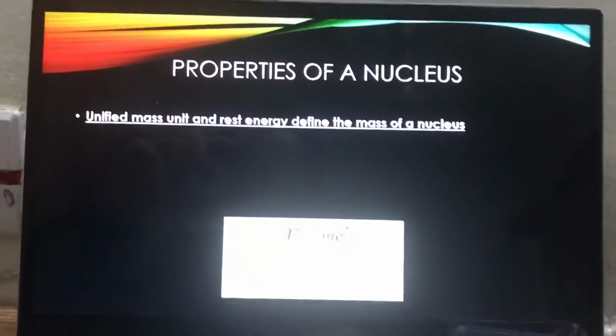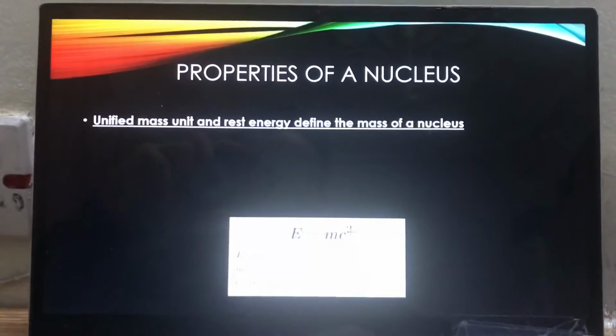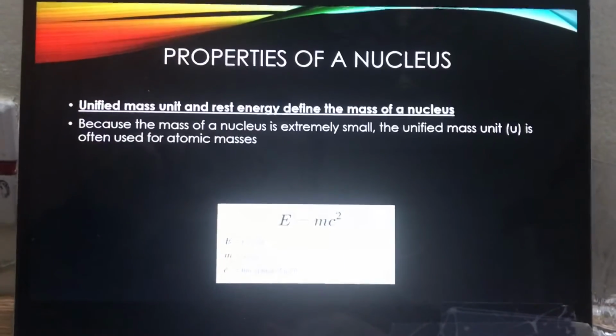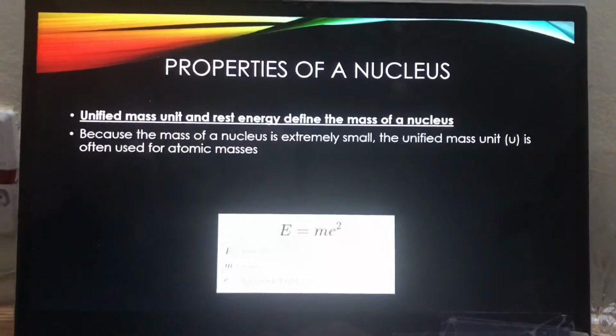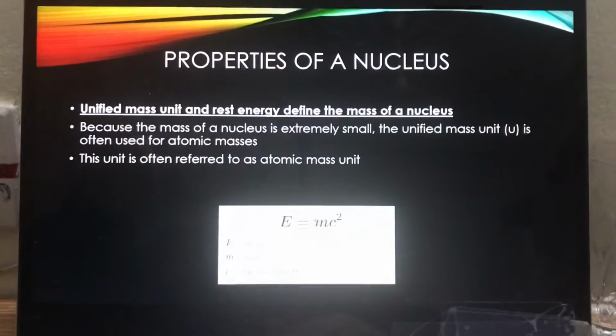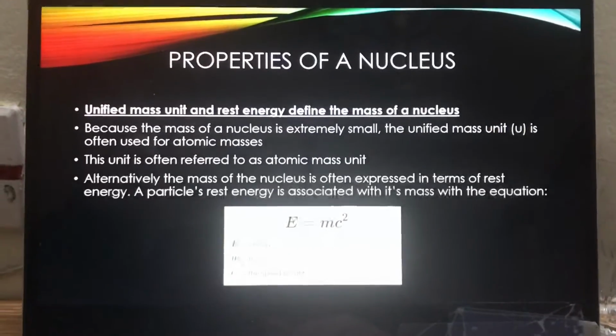Properties of a nucleus. Unified mass unit and rest energy define the mass of a nucleus. Because the mass of a nucleus is extremely small, the unified mass unit, u, is often used for atomic masses. The unit is referred to as the atomic mass unit.